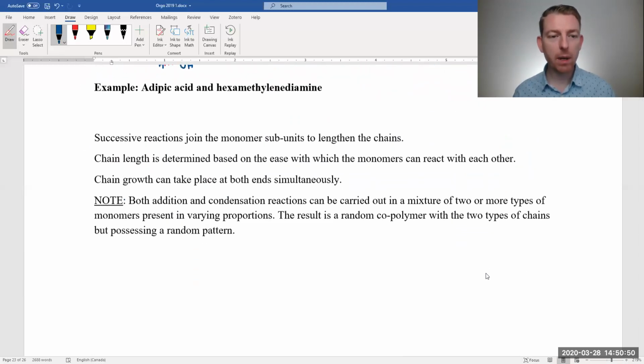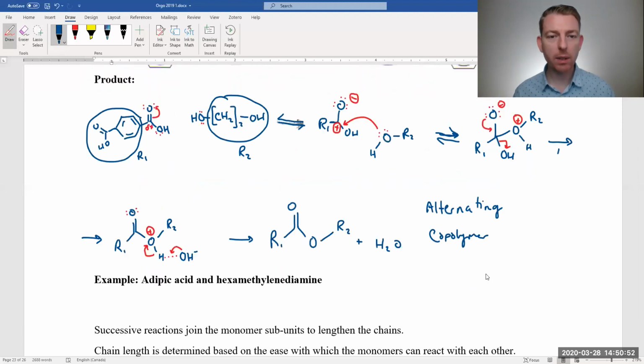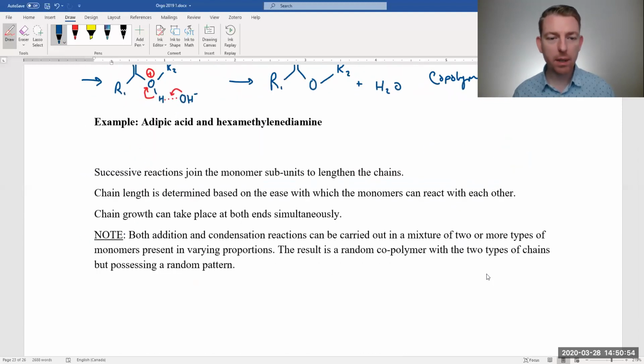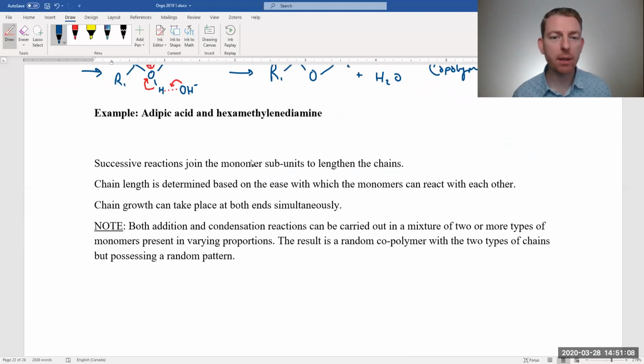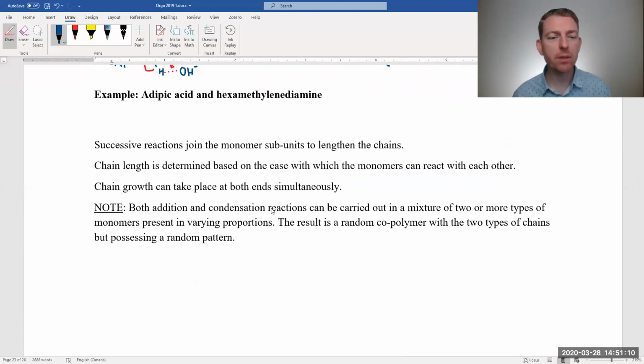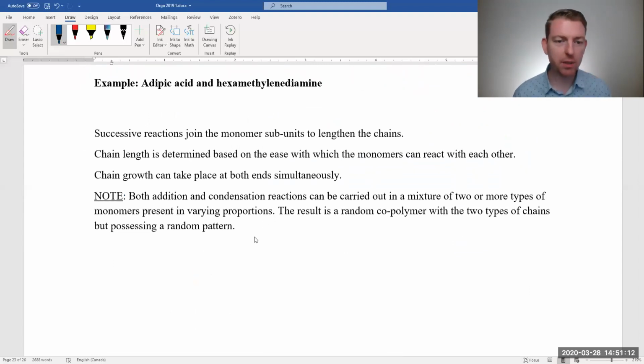So let's have a look quickly too at what the repeating unit would be for that. So if we have, what do we do? Adipic acid and hexamethylene diamine. So that's coming up anyways, so I won't do that just now.